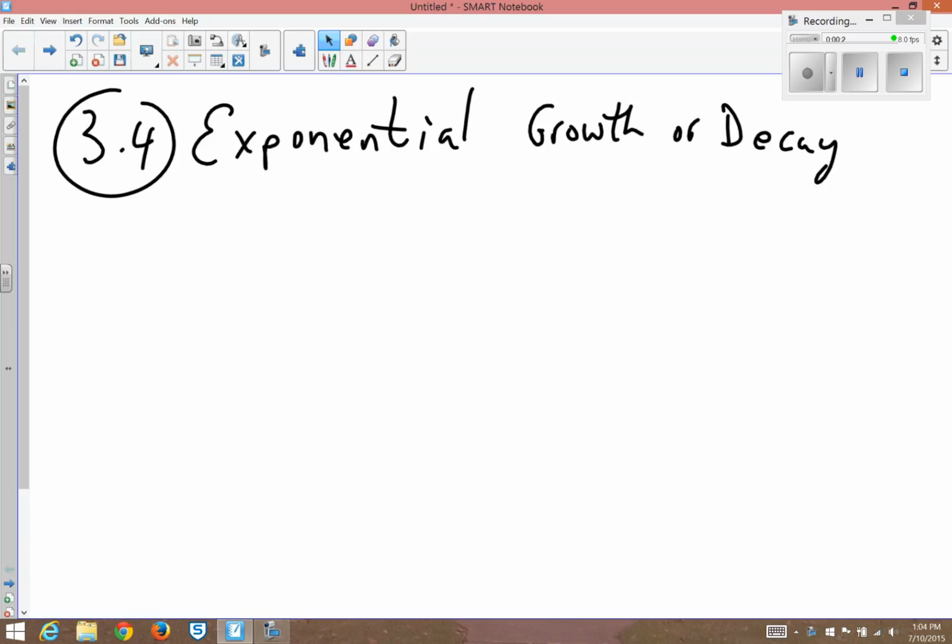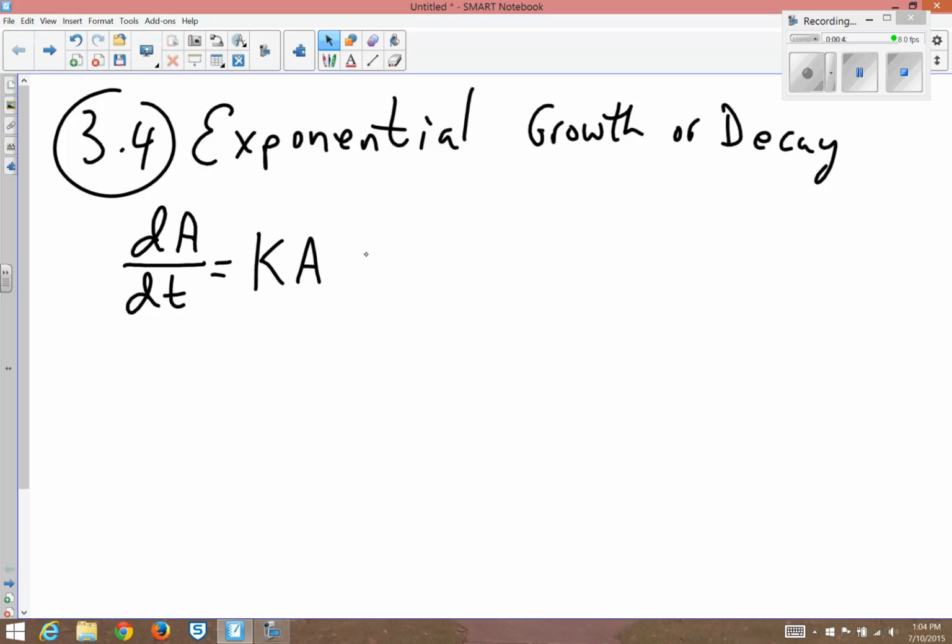If something is either growing or decaying, it means the rate at which the amount of substance, whatever it is, is growing or decaying with respect to time is equal to some constant times the amount of the substance.